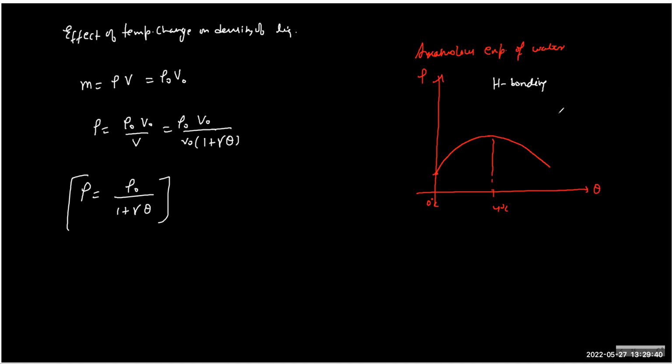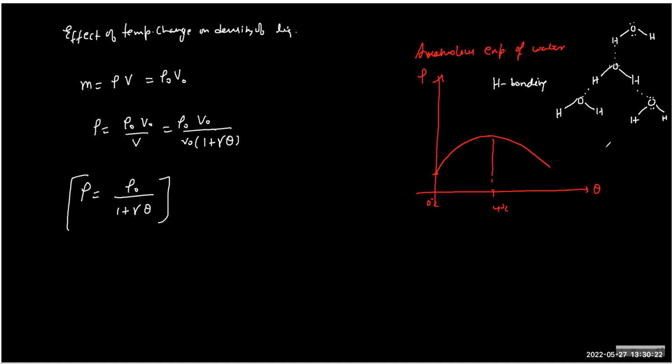At 0 degrees Celsius, every water molecule is bonded to the other water molecules by H bonds, which is the triple dot. These dots are different. This triple dot is for the H bonding, and therefore there is a gap. So the moment you increase the temperature from 0, the H bond will break and they will come closer, and therefore density will increase. Understood?